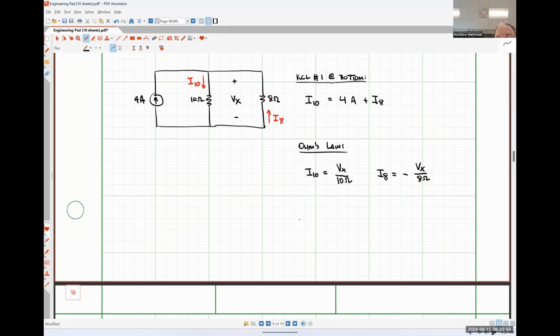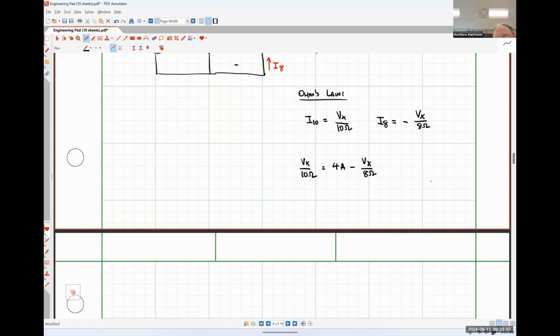So we would have Vx over 10 ohms is equal to 4 amps minus Vx over 8 ohms. So that would be Vx over 10 ohms plus Vx over 8 ohms is 4 amps.